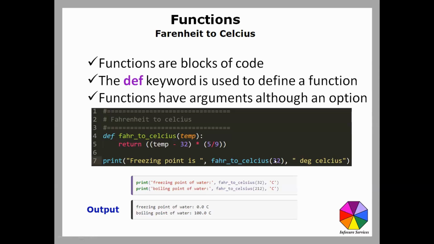To call this function, we use the name of the function and pass a value, which can be anything. Here 32 is passed in. What this function does is return some value after converting Fahrenheit to Celsius.